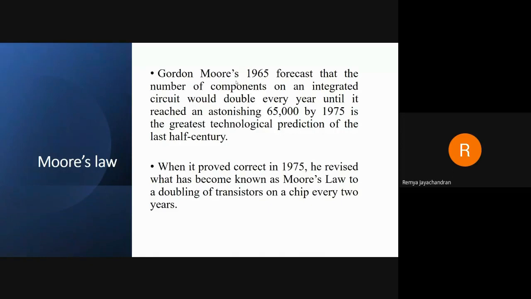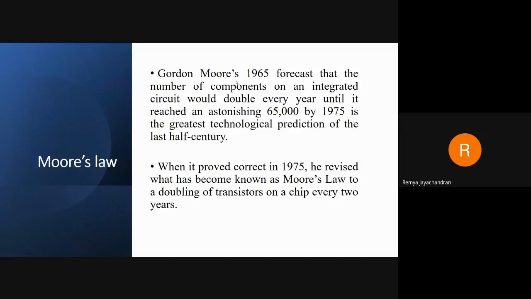So he analyzed that in 1965 it was below 50,000, and in 1975 it became 65,000. From that, he made an observation: the doubling of the transistors on a chip every 2 years.